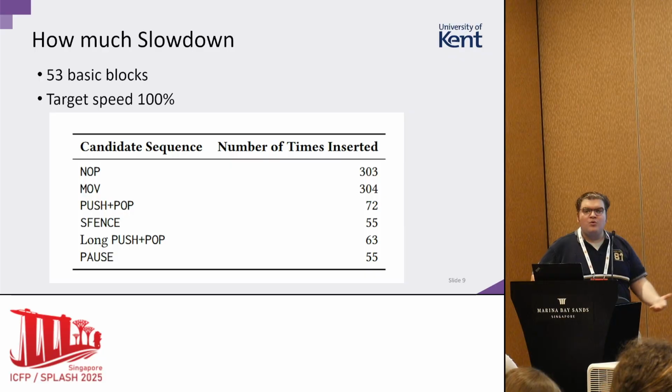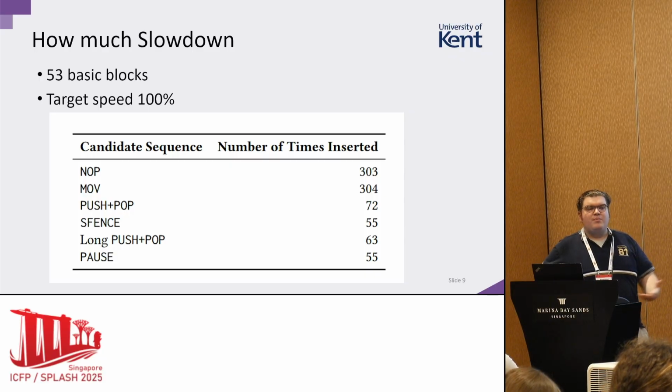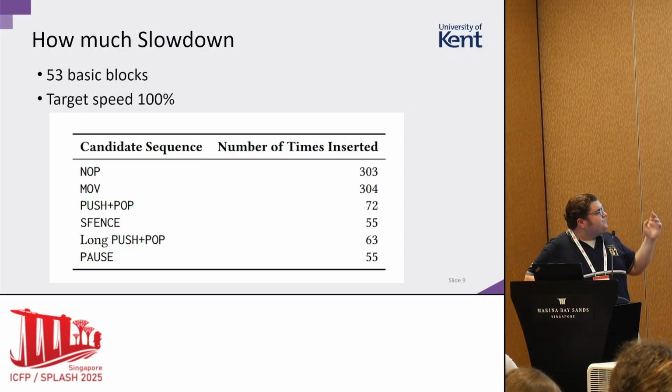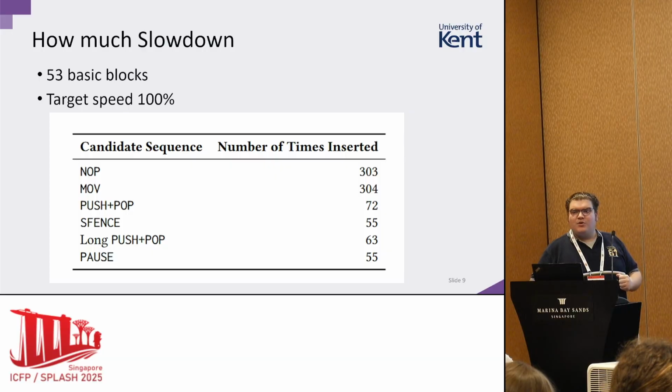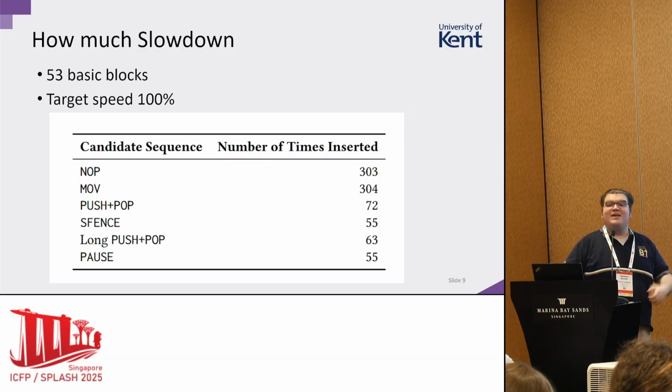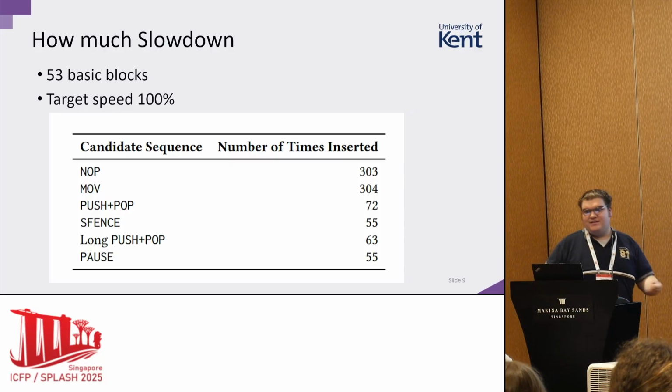It required far more to get to that target speed, but they have a finer granularity. SFENCE and PAUSE, you can see it's nearly about one slowdown per basic block. So one was already enough to get to or exceed that target speed.